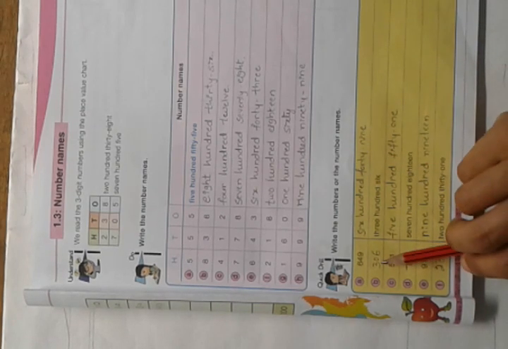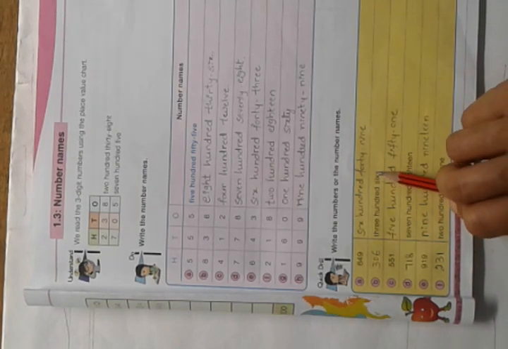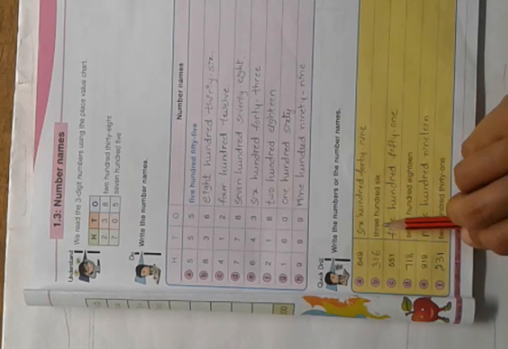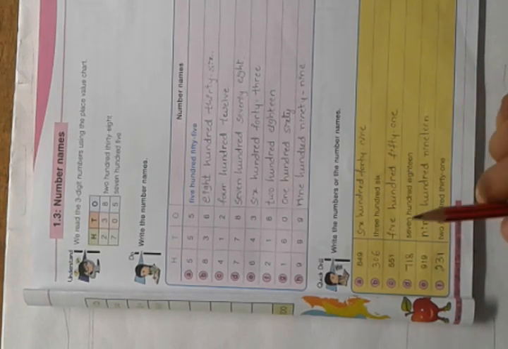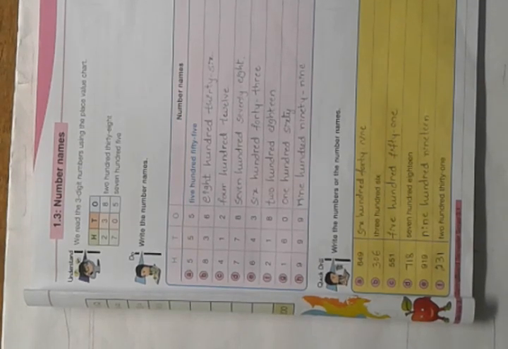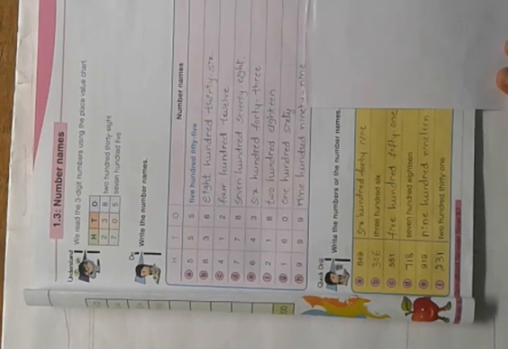649. Next, they have given a number name, we have to write the number here. 306. If you don't know how to write the number, you just put the place value chart here. Okay. This is ones, tens, hundreds.